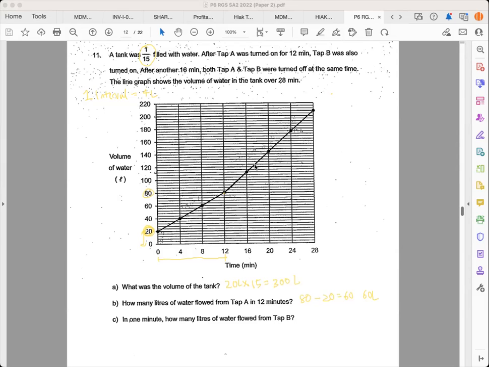From 0 to 4, the amount of water flowed from tap A is 40 minus 20, which is 20 liters. So per minute, the water flowing from tap A, I call it rate of A, will be 20 liters divided by 4 minutes, and then you get 5 liters per minute.